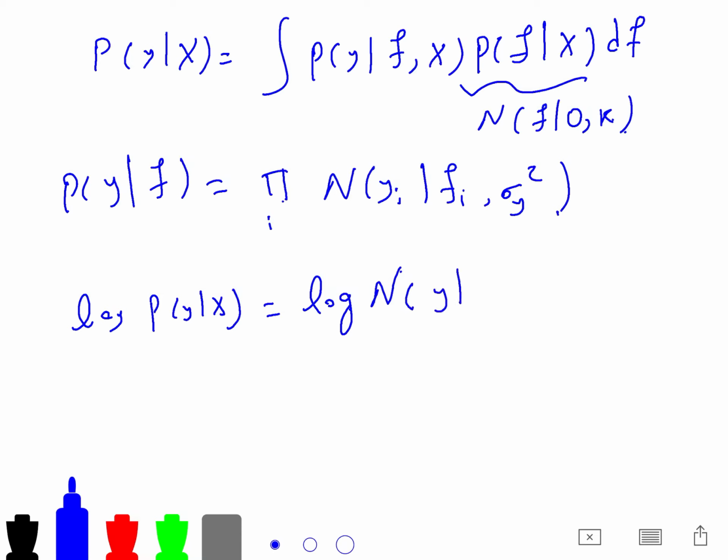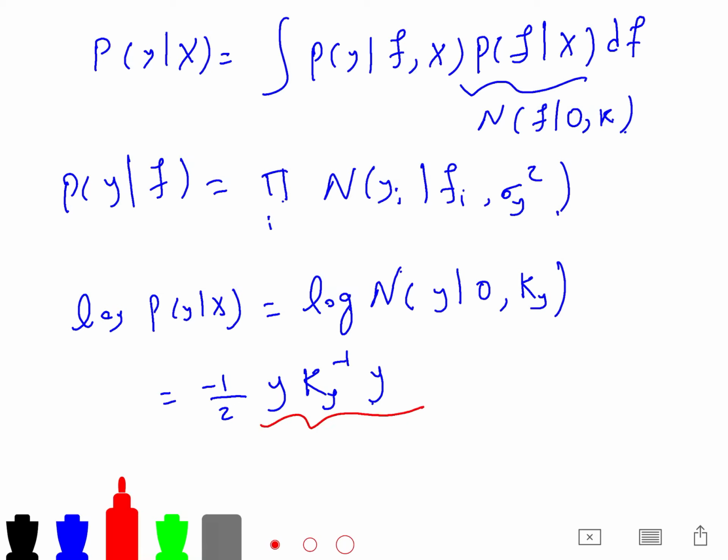This is the main motivation that people use Gaussian distributions in general, because the marginal likelihood is very simplified. Of course, I will show you why it is not that good, because if you write this, this is called the data fit term.